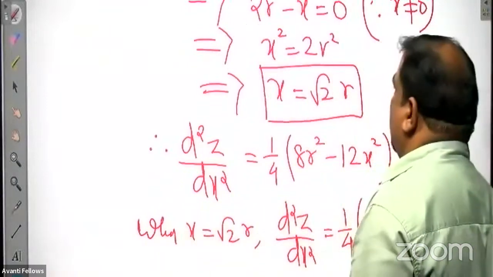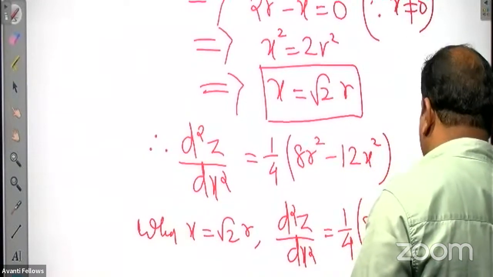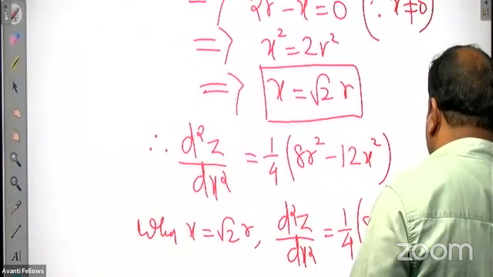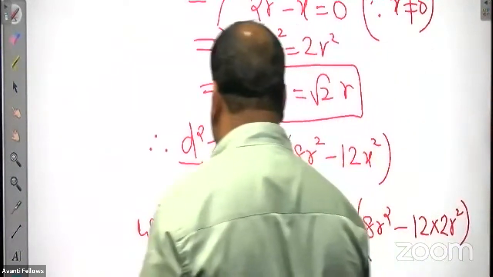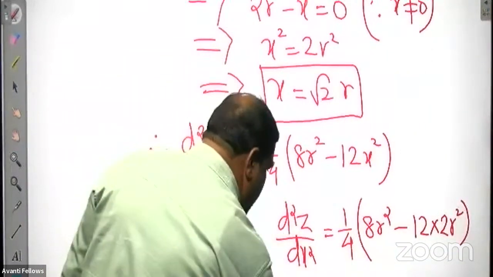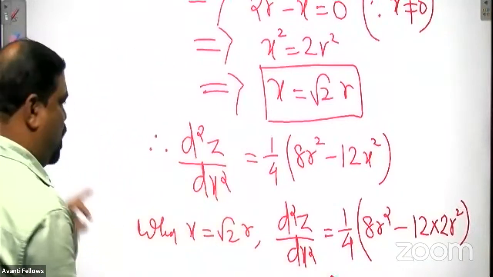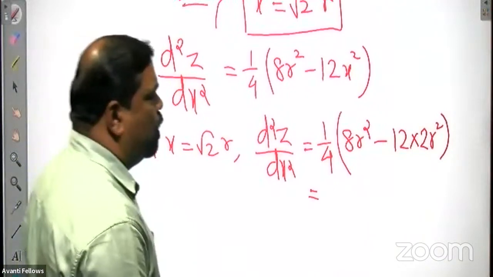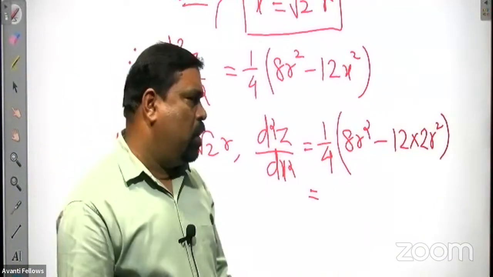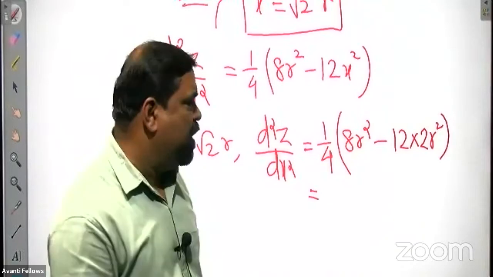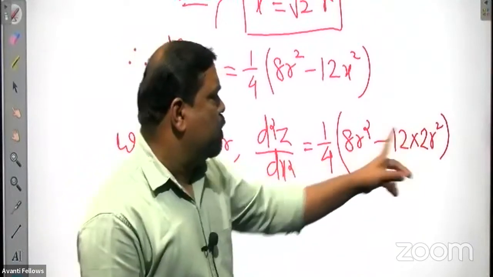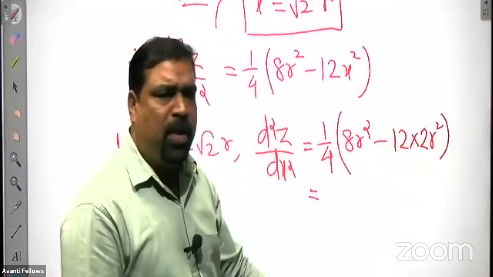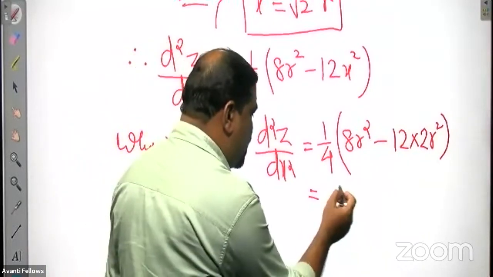What is x square? x square is equal to 2r square. So what you will get? Is it positive or negative? Very clearly, 8r square minus 24r square means it is negative, which is less than 0.